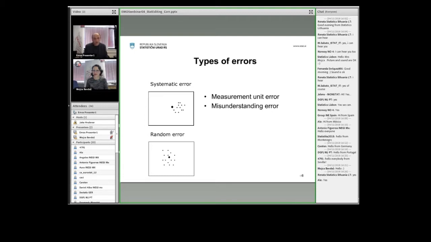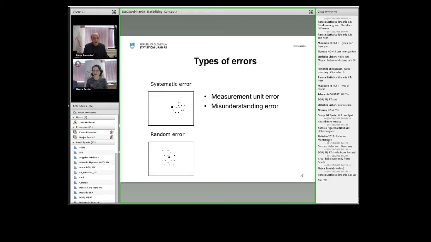So here you already see the two examples that you most frequently meet when we are talking about systematic error. One is measurement unit error and one is misunderstanding error. Measurement unit error simply means that the respondent used a wrong unit for reporting, let's say euros instead of 1,000 euros.